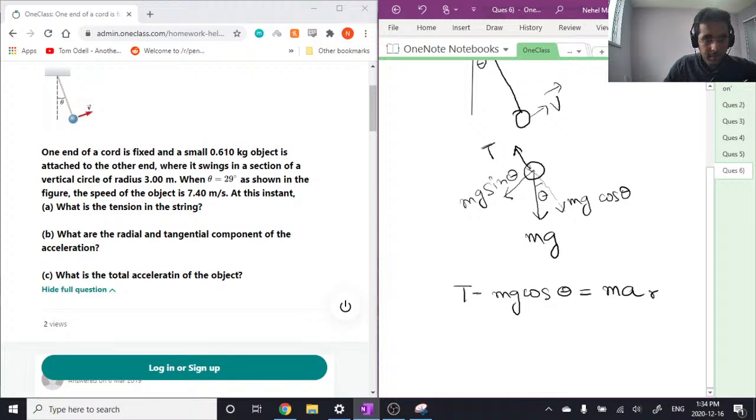For a pendulum in motion, a_r is equal to v squared over r, where v is the velocity and r is the radius, or in this case, the length. We're given v to be 7.4 and r is 3. So this is equal to 7.4 squared divided by 3, which is 18.2.